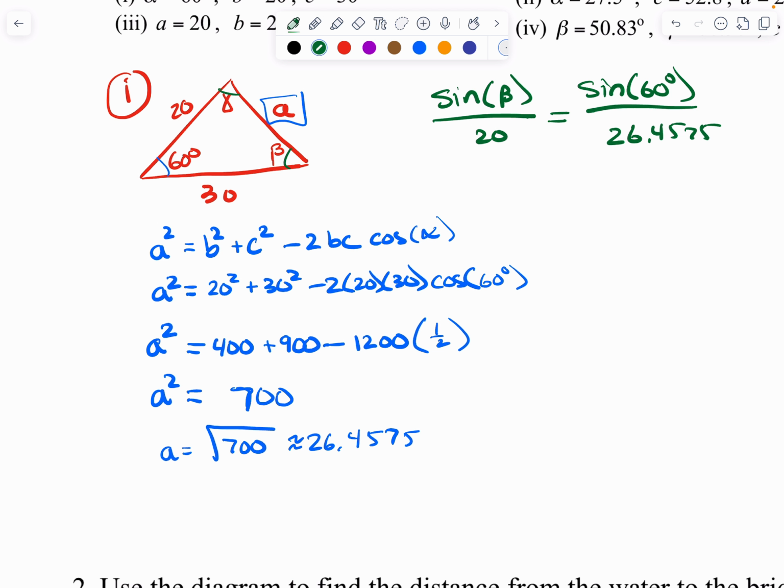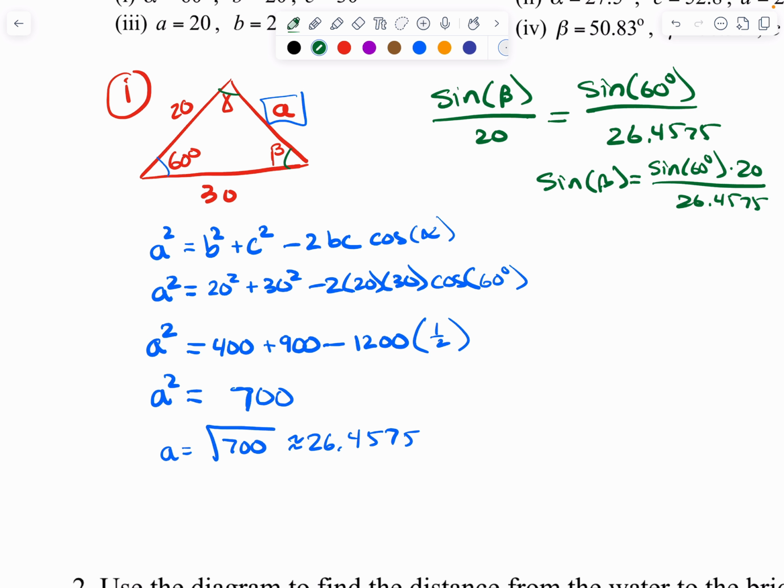Multiply both sides by 20, and you get the sine of beta is the sine of 60 times 20 over 26.4575.